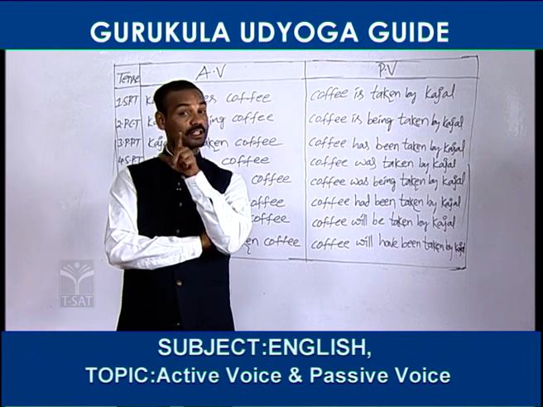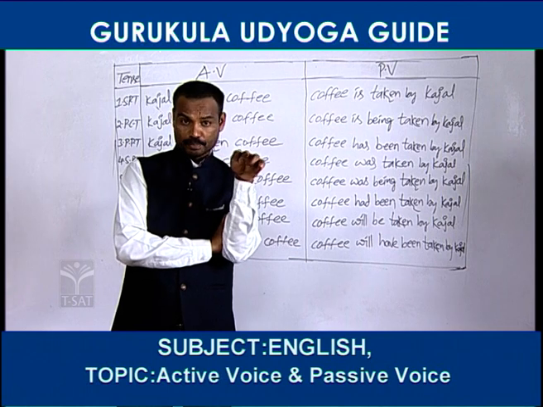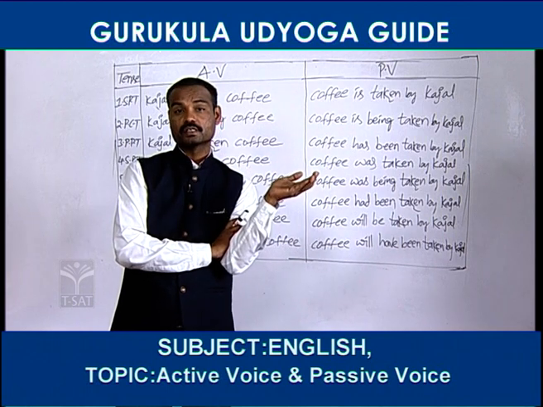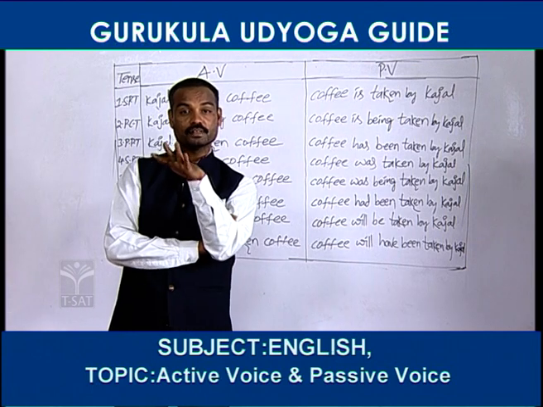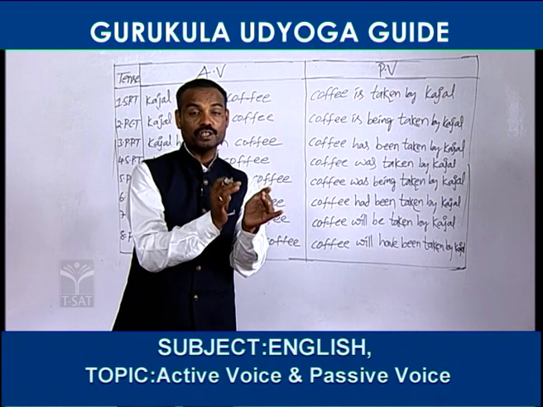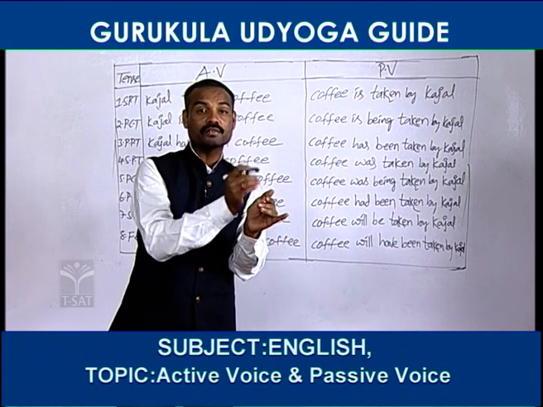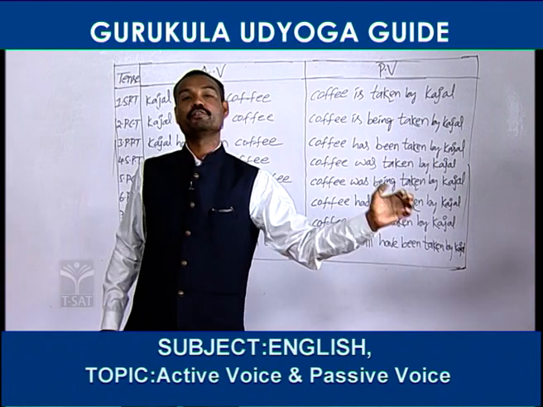We are in present continuous. Don't forget it. Tennis is being played by our friends. Active voice is my friends are playing tennis. The passive voice is tennis is being. Why should we use being here? Because in the active voice ing form is there. Tennis is being played by my friends.